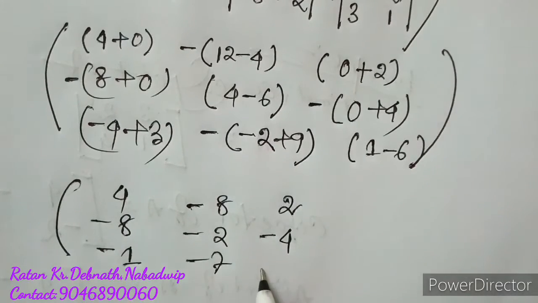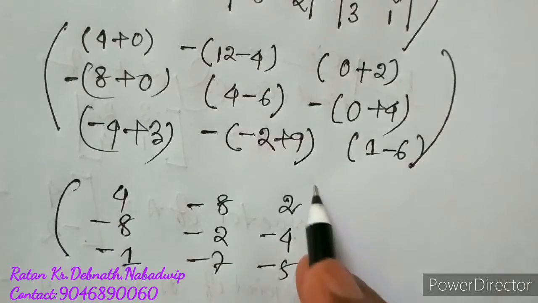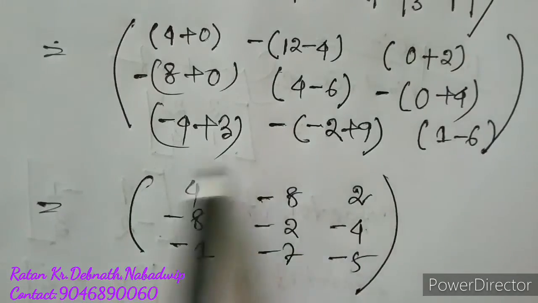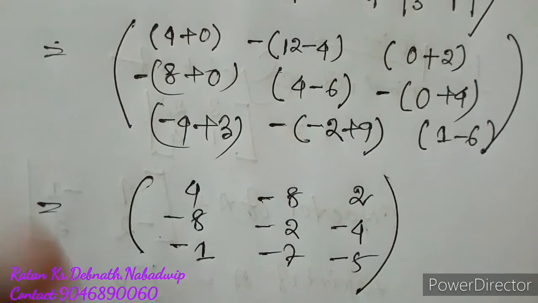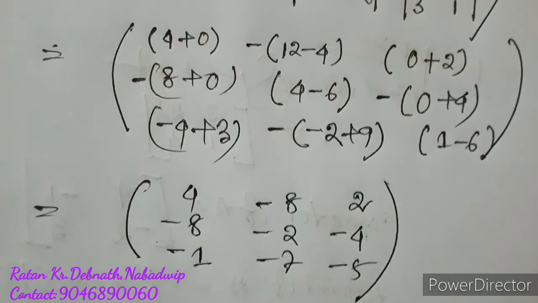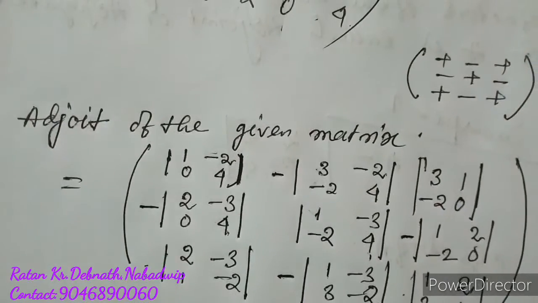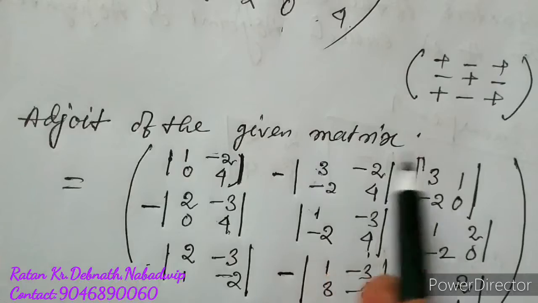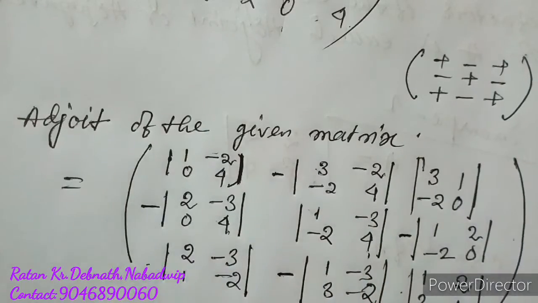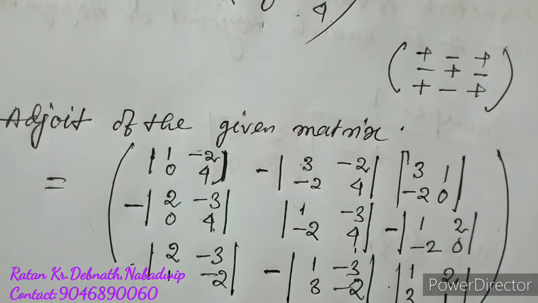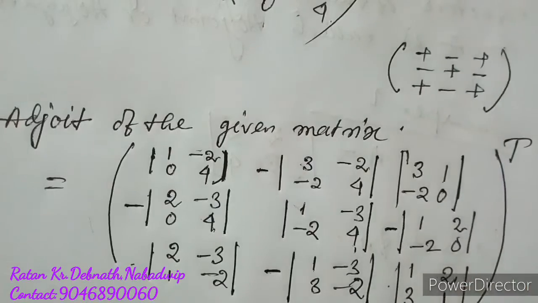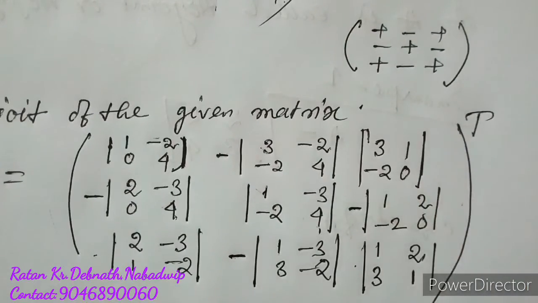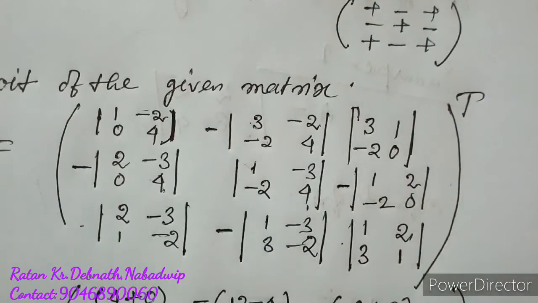Minus 7, minus 5. As we got this matrix, but this matrix is not the adjoint. Adjoint of this matrix is actually the transpose of this matrix, that is transpose of this. I put T here.